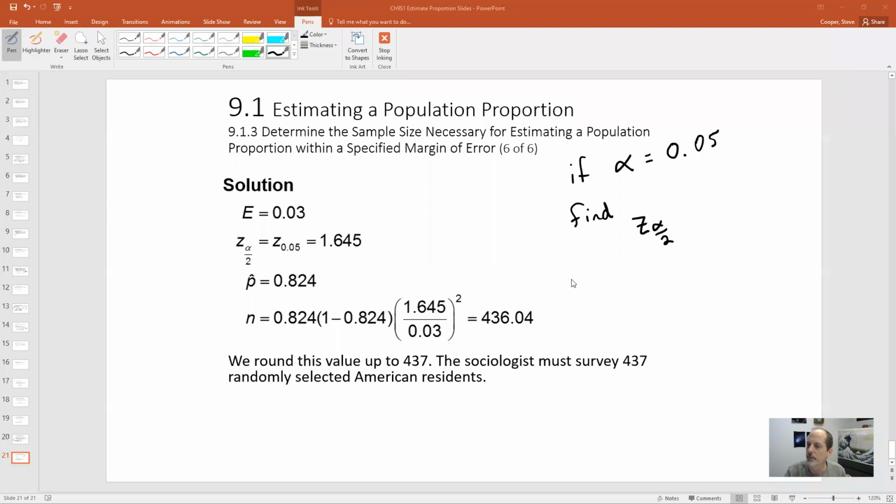So Z sub alpha over 2 would be Z 0.025, right?